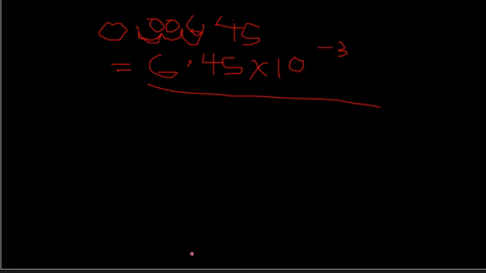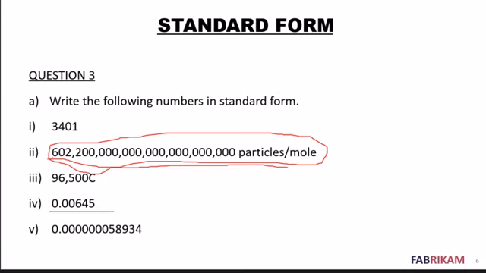So it's going to be 5.8934 multiplied by 10 to the power negative 8. Okay, yes, that's right in standard form. Let's go to the next example.